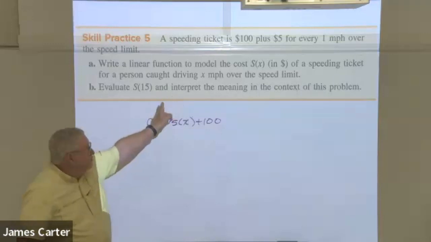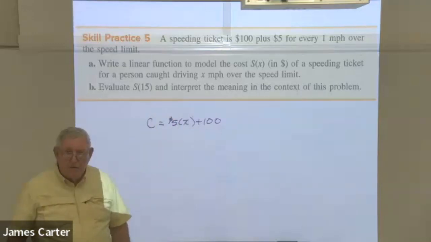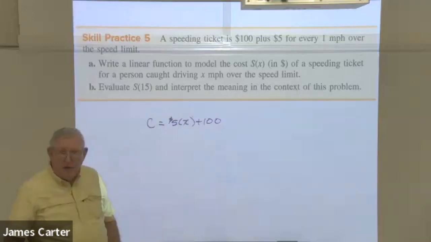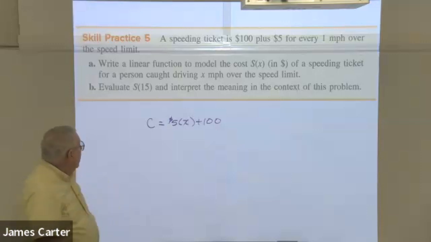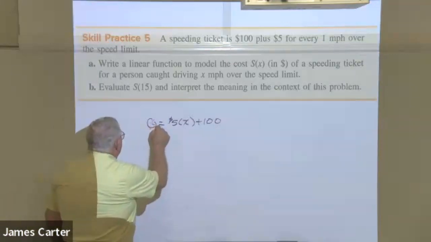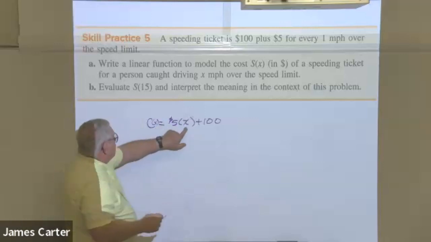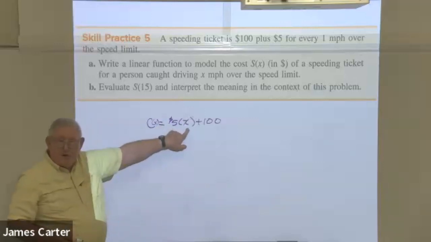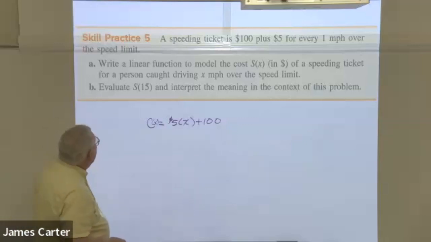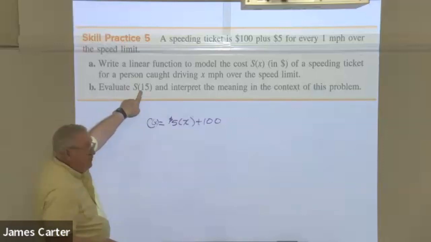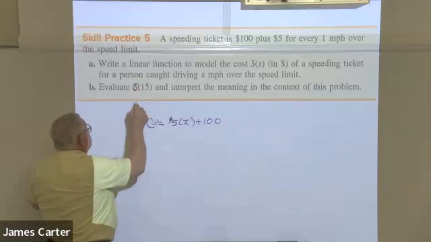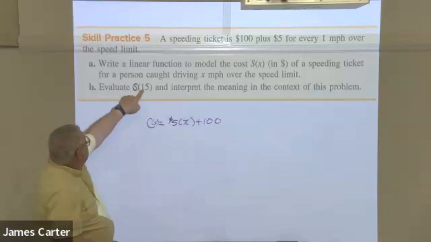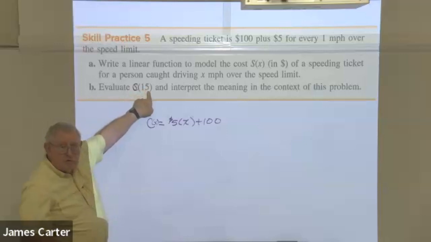Now, I didn't like their choice of variables, so I put it in this manner. I could have called this C of x, the cost based on the miles per hour over. Now, what this is saying is, because I used a C here, what if he was going 15 over?